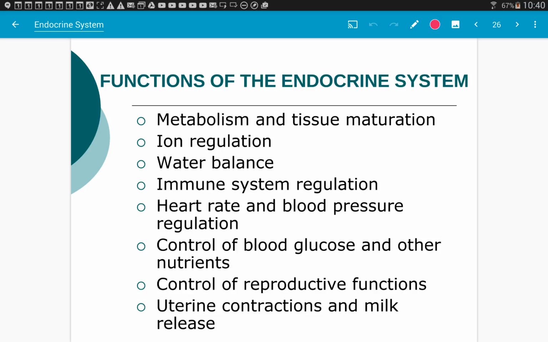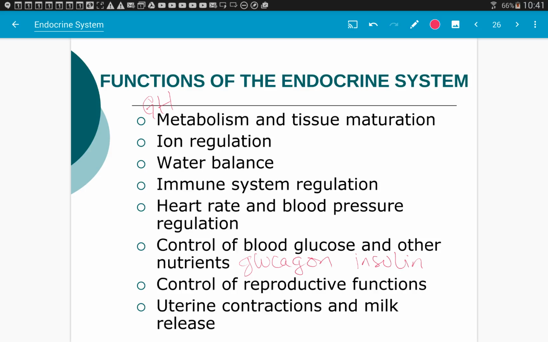So growth hormone is one that would affect that. Ion regulation, there's a bunch that are involved with ion regulation. Water balance, there is as well. Immune system regulation, heart rate and blood pressure regulation, controlling blood glucose and other nutrients. That was an example we looked at. What happens with glucagon and what happens with insulin.